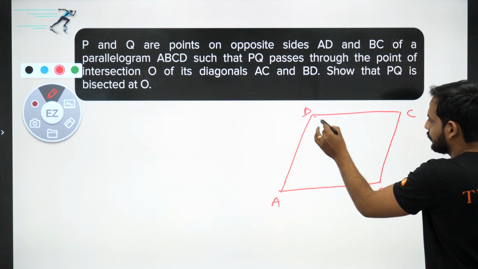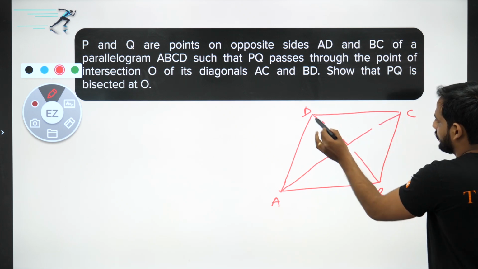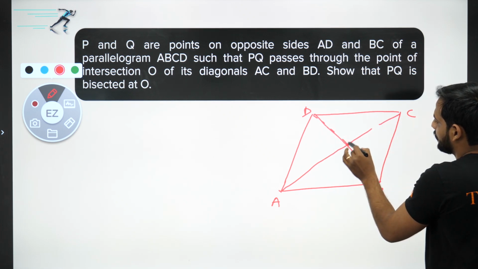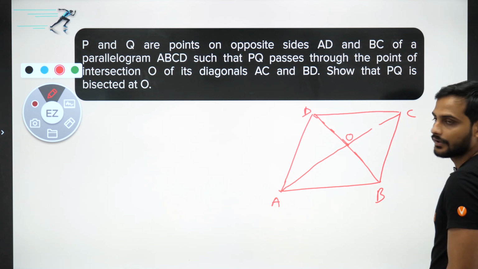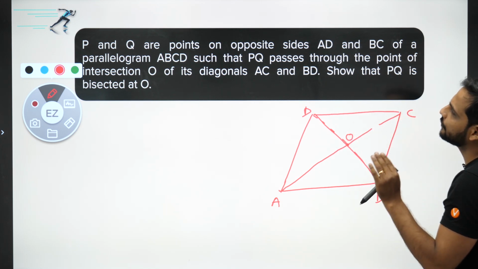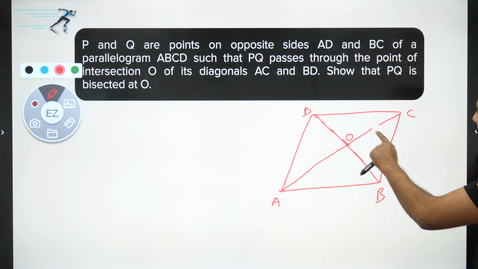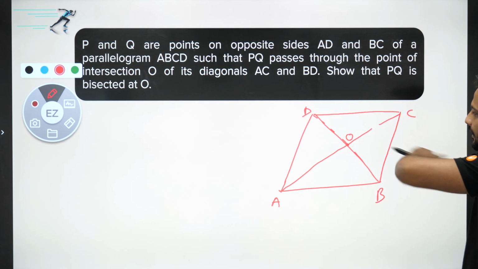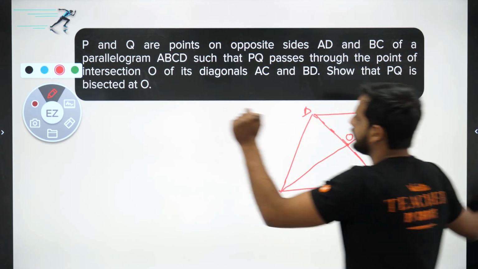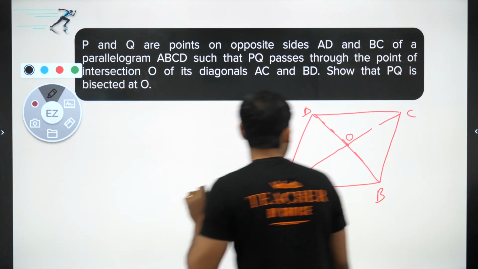The diagonals of a parallelogram bisect each other at a point O. Now they are saying that PQ is any line where P and Q are on the opposite sides AD and BC. So P is somewhere here, Q is somewhere here, such that this PQ will pass through the intersection of the diagonals, which is O.